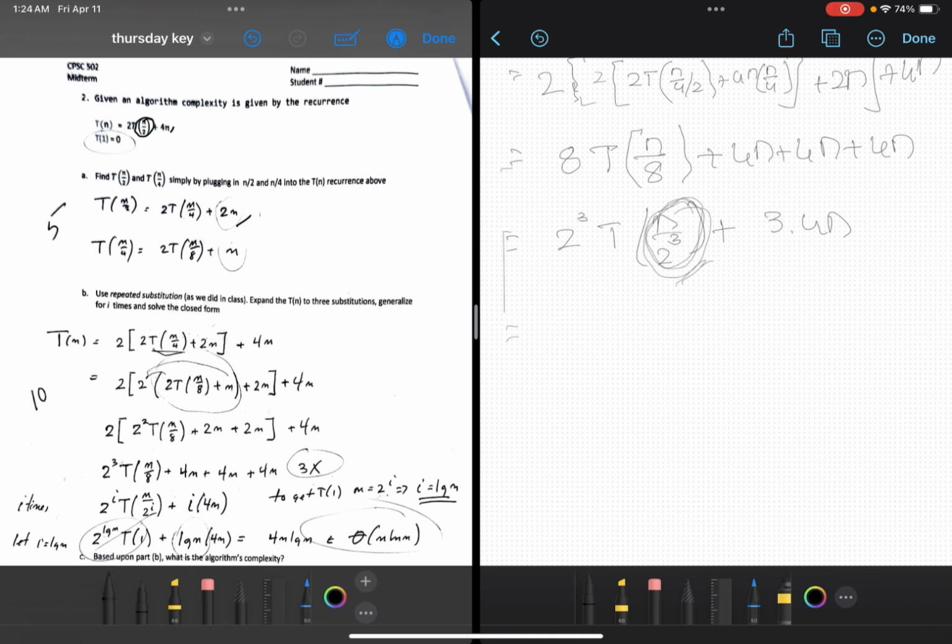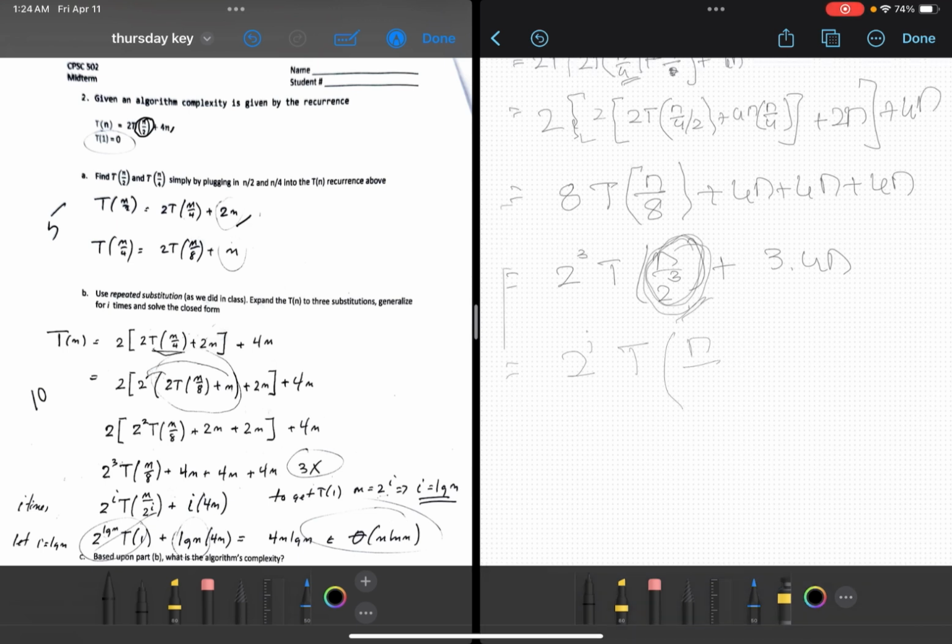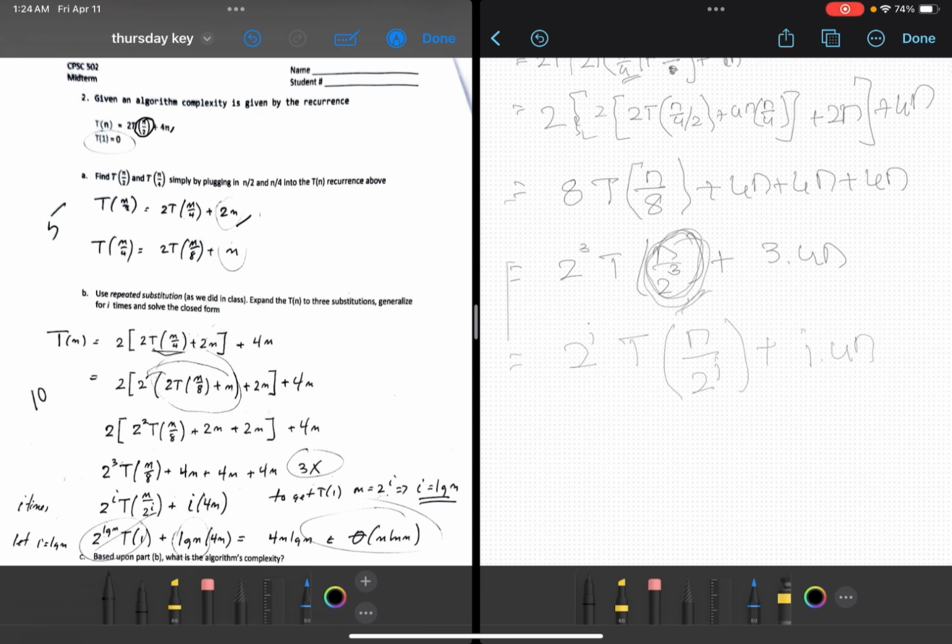Before I do that, we can all agree that if I did this 3 times, I got 2 power 3. So if I did this whole thing i times, I would get 2 power i T of n by 2 power i plus i into 4n.